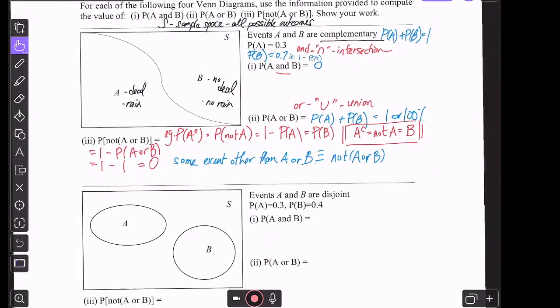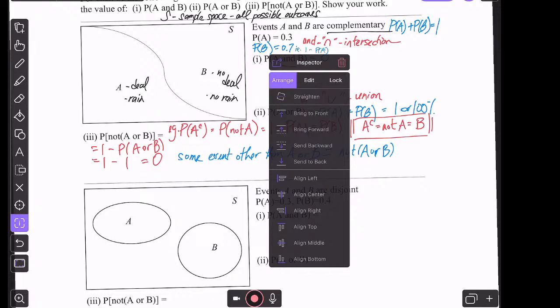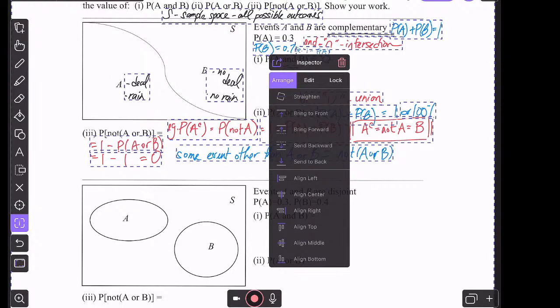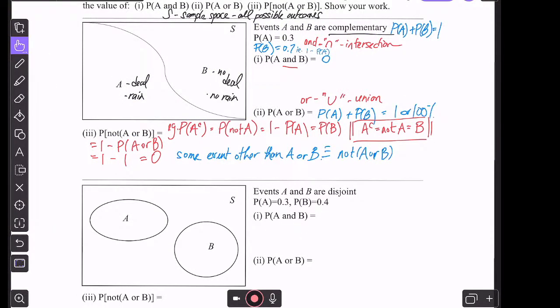Let's now talk about what are known as disjoint events, or mutually exclusive events. Okay, so here are two events that are mutually exclusive.